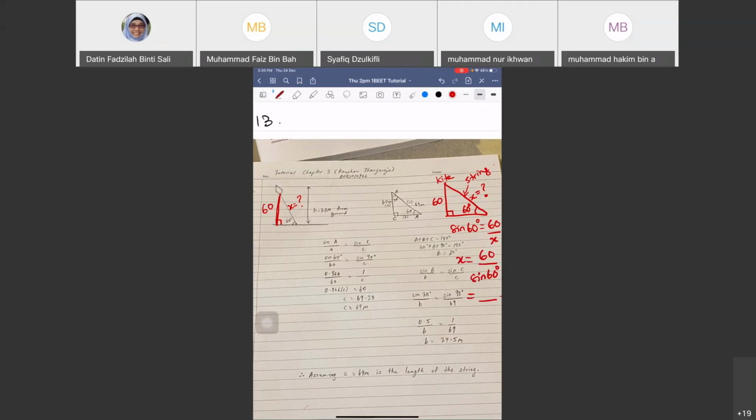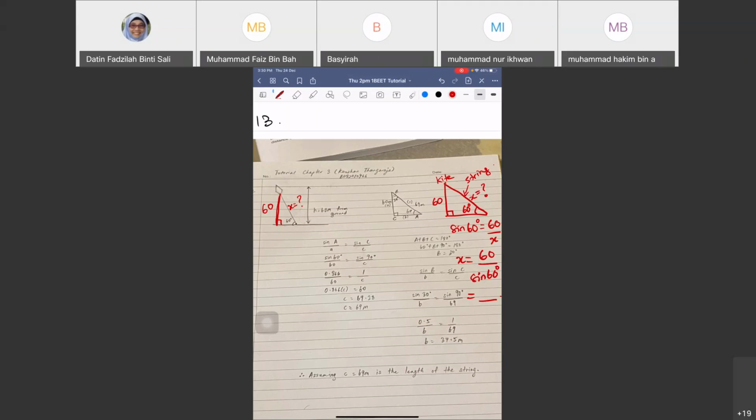So that's all. What is this? Can someone compute this? What's the answer? 69.28.